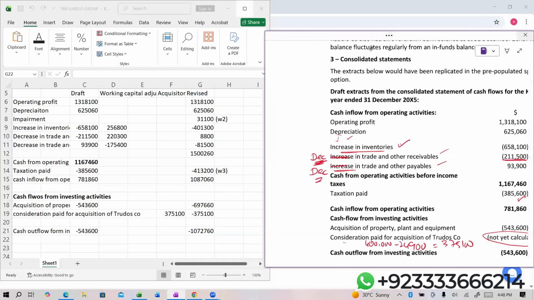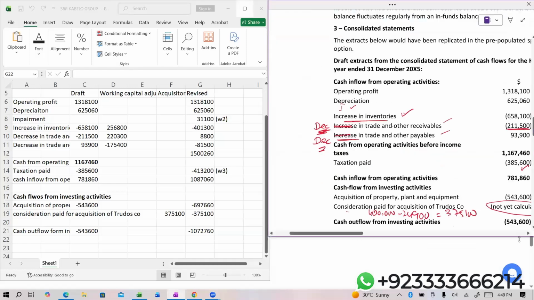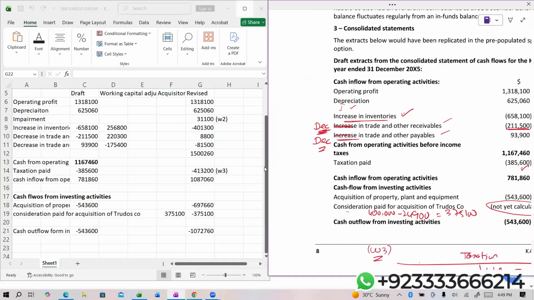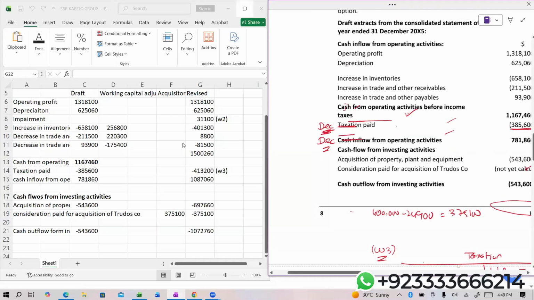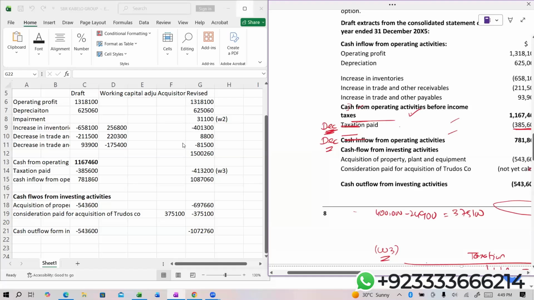You can see the PDF as well as Excel sheet if I'm not wrong. Students, look at this draft. Can you see this Excel? Yes or no? Please reply. Okay.